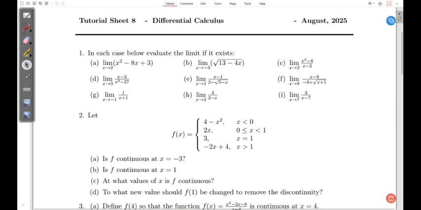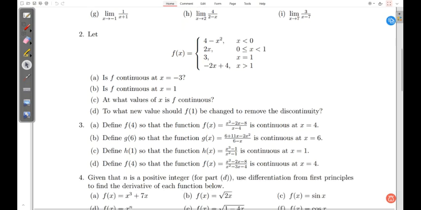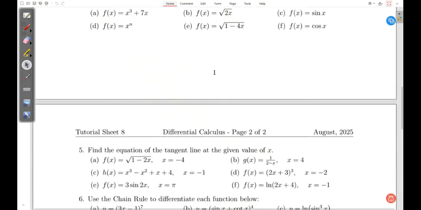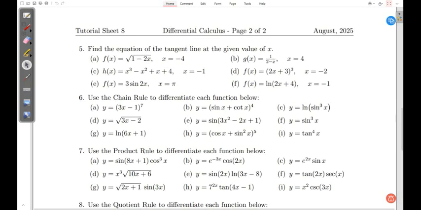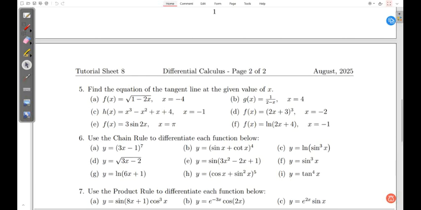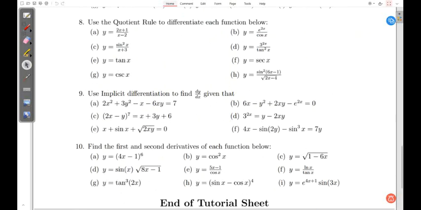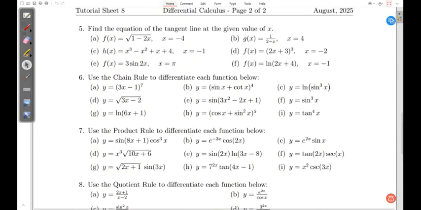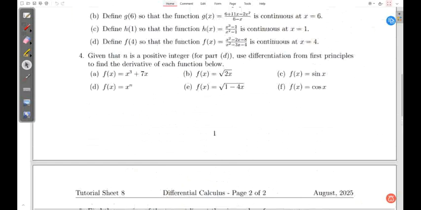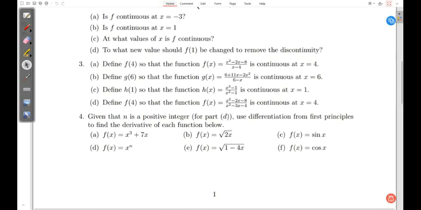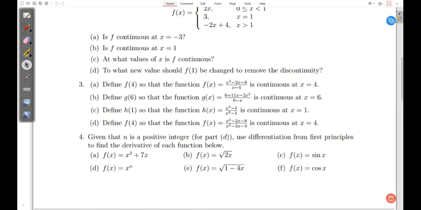Hi, so let me show you the questions that we've answered in this video. This is question 1, as you can see. Question 2, question 3, question 4. These are very interesting questions under differential calculus: chain rule, product rule, quotient rule, implicit differentiation, first and second derivatives of each function. Then there is a part of determining whether a function is continuous or not.